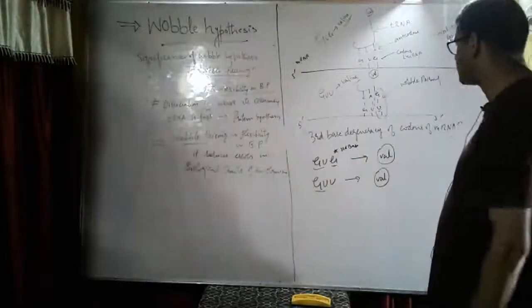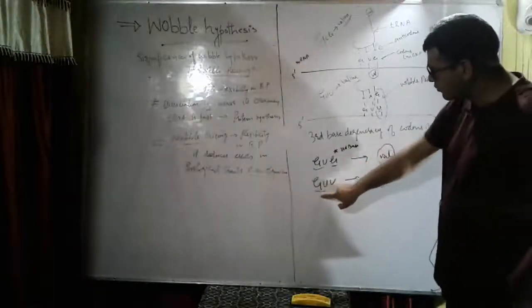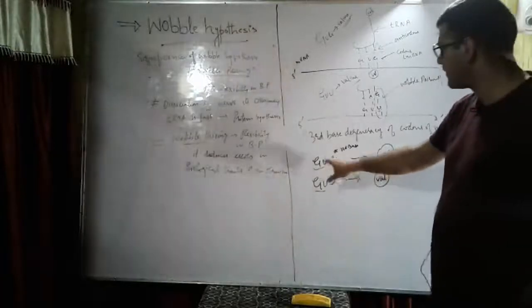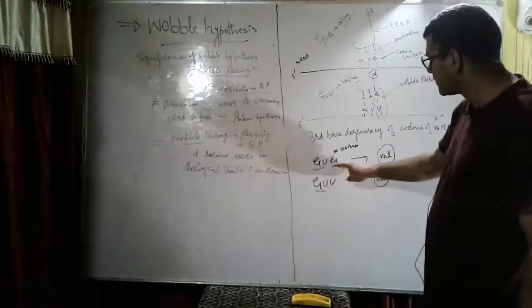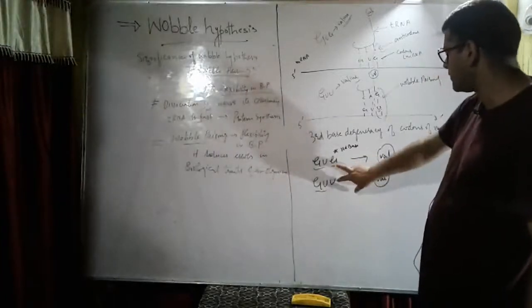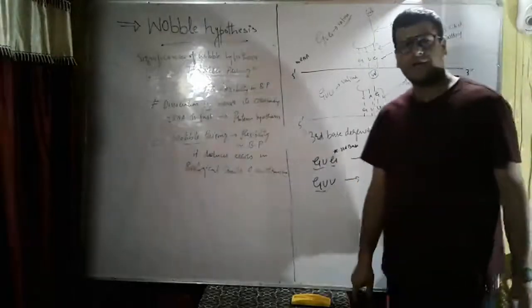This is called third base degeneration of codon of mRNA.